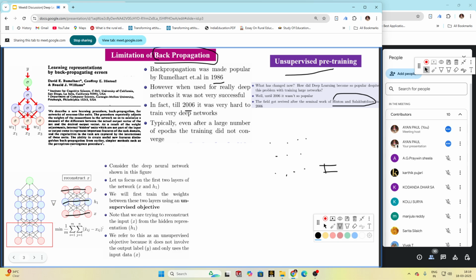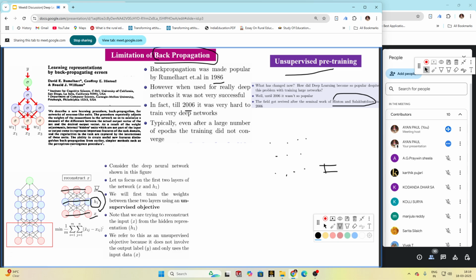Like see, in this diagram, we are just focusing on these two layers. We have this red layer, and we are focusing on this first layer, that is h1. So the first layer is x, and this layer is h1. Now we will create another layer, and we will try to make this layer learn whatever is in x by the help of this h1 layer.